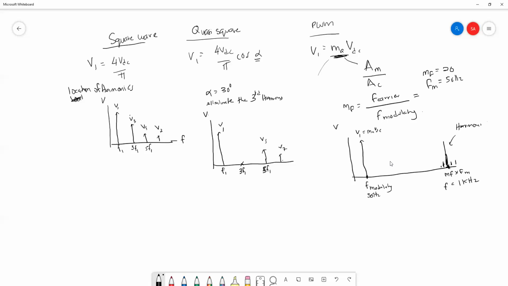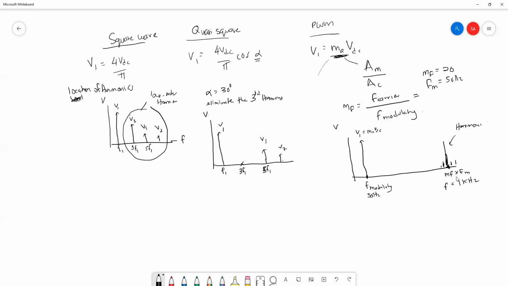So this is the difference in terms of spectrum. The square wave has low order harmonics, and the quasi square wave also has low order harmonics, while for the PWM there is no low order harmonic because all the harmonics have been shifted to higher frequency.